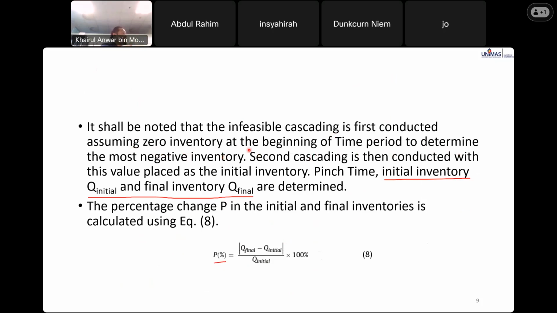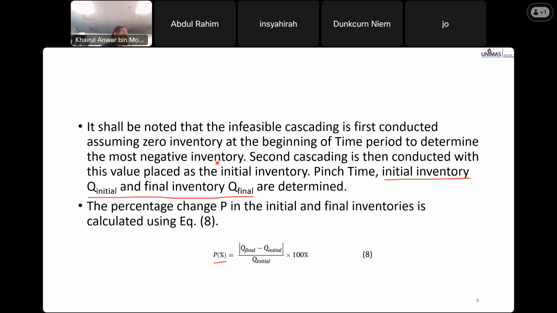Assuming zero inventory at the beginning of the time period to determine the most negative inventory. The most negative inventory doesn't mean it's negative; it could be the smallest amount.